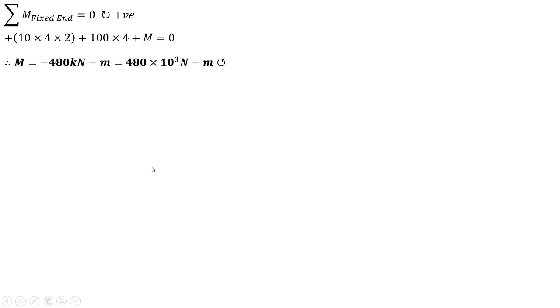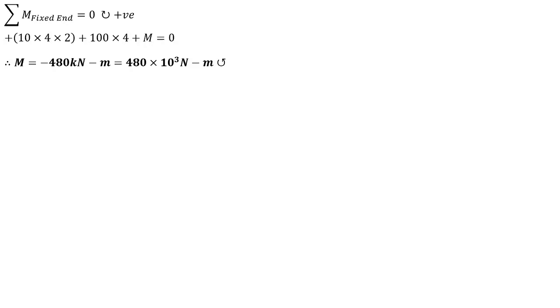Similarly, I need to calculate the moment. For that, I'll consider another static equilibrium condition, that is summation of M at the fixed end is equal to 0. If a moment is creating clockwise, I'll take it positive. So first is the UDL, it is 10 into 4, that is the force acting at a distance of 2 meter, because the entire length of the beam is 4 meter and it is spread over all the 4 meter length.